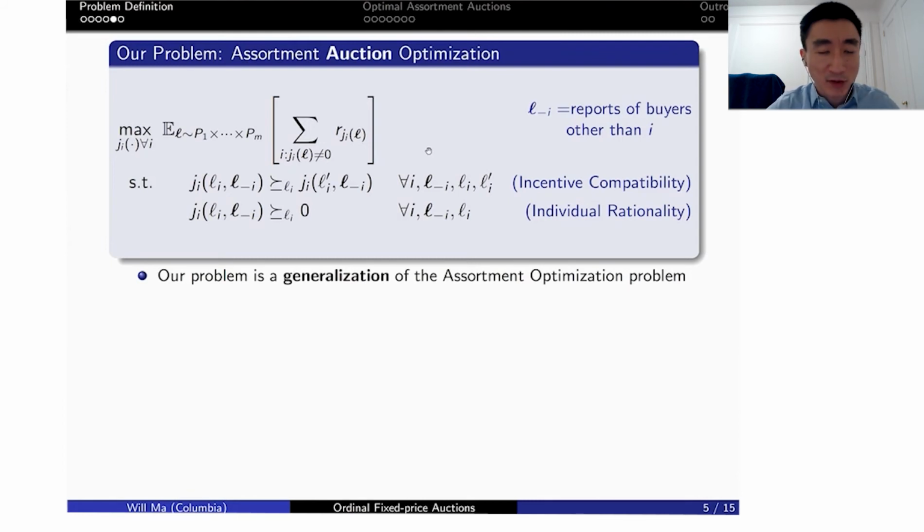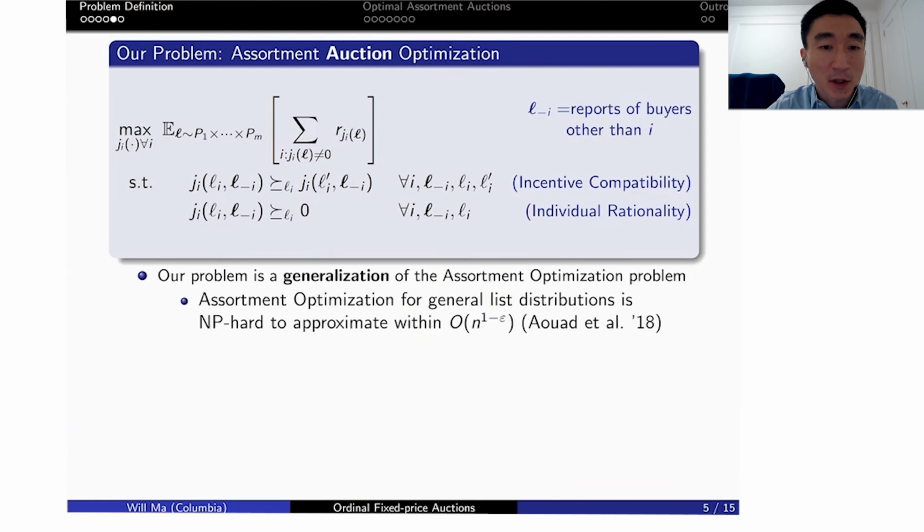And that set of products is equivalent to the assortment that you're showing the buyer. So it's an equivalent formulation of the assortment optimization problem where you need to decide on a subset to show if there's only one buyer.